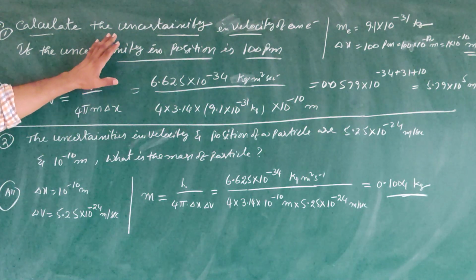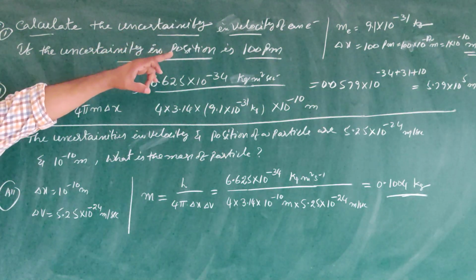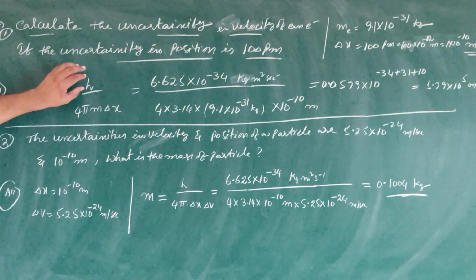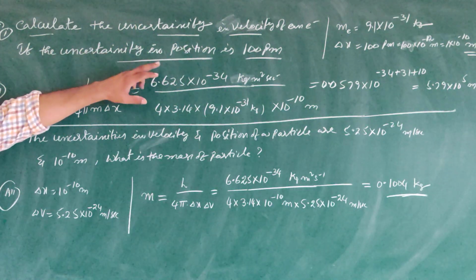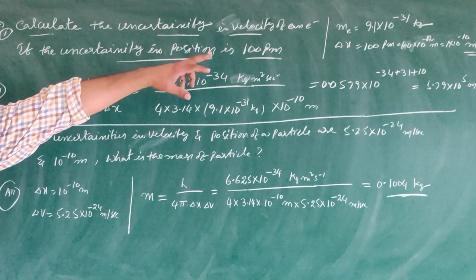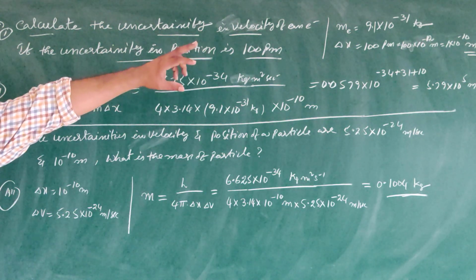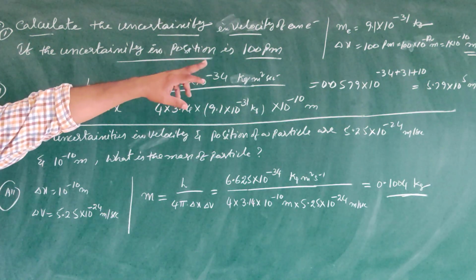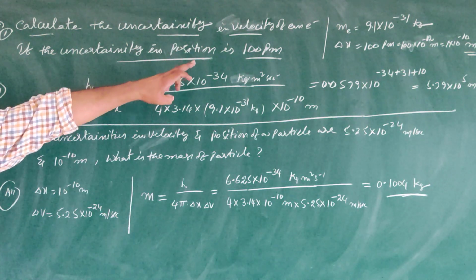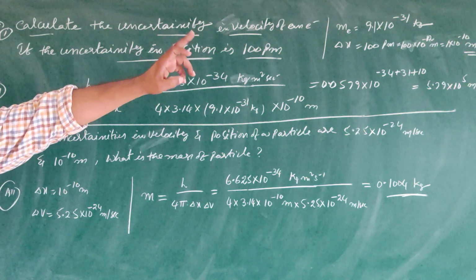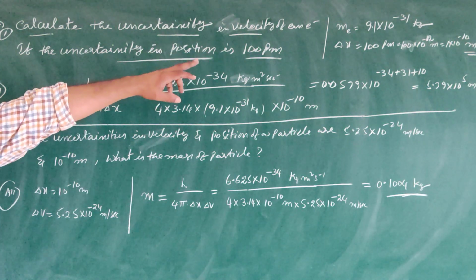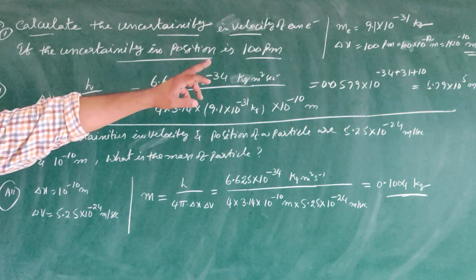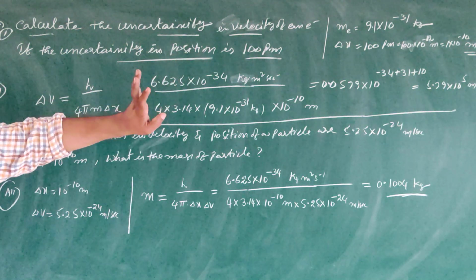Already we know mass of electron is 9.1 into 10 power minus 31 kg. 1 picometer is equal to 10 power minus 12 meters. So delta x is equal to 1 into 10 power minus 10 meters.